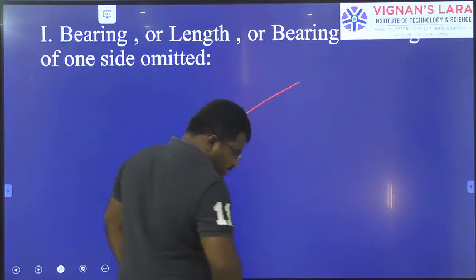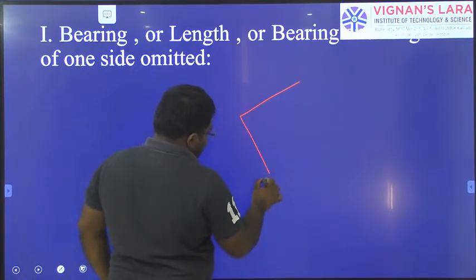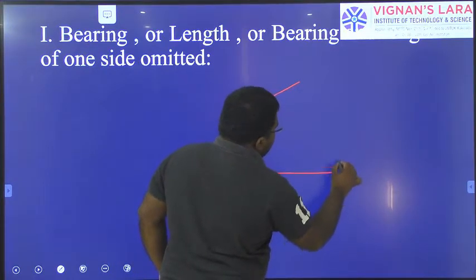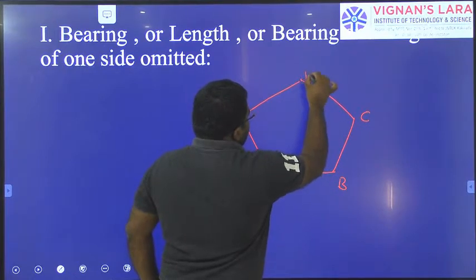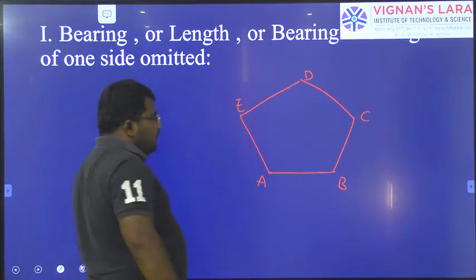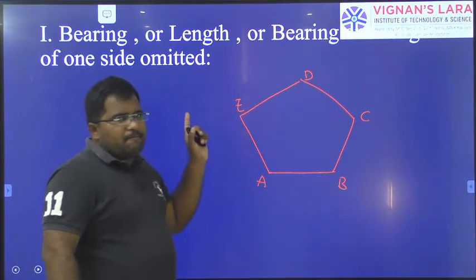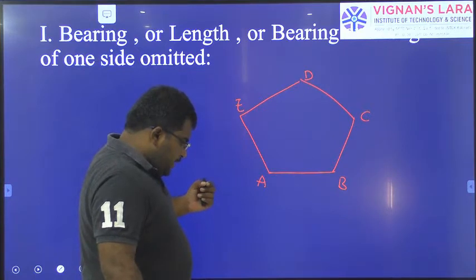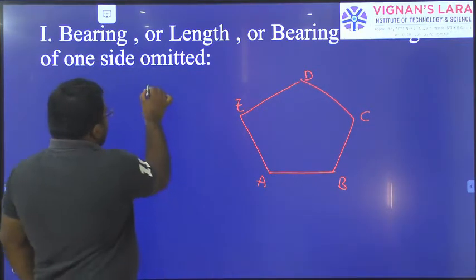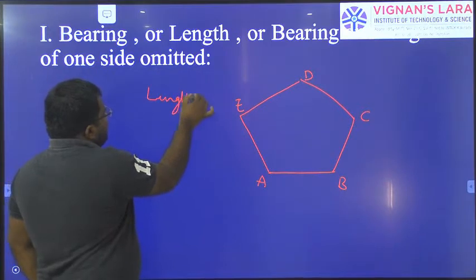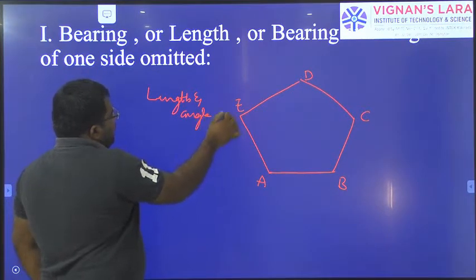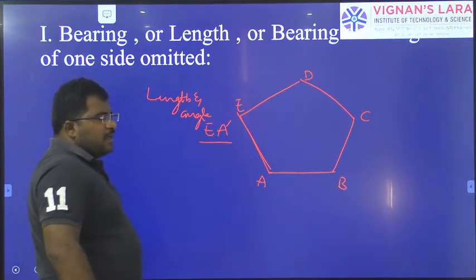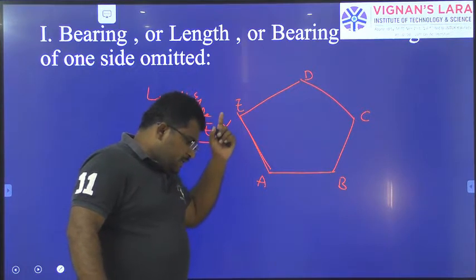It is going to start from A, and we went up to B, C, D, and finally we have the point called E. A, B, C, D, E. So here I do not know both length and angle of line EA.